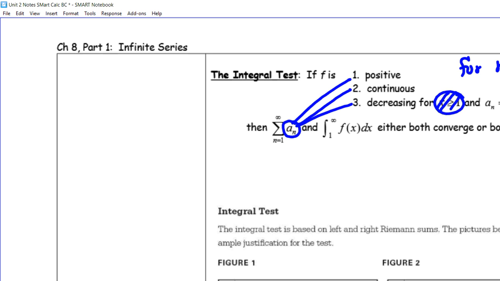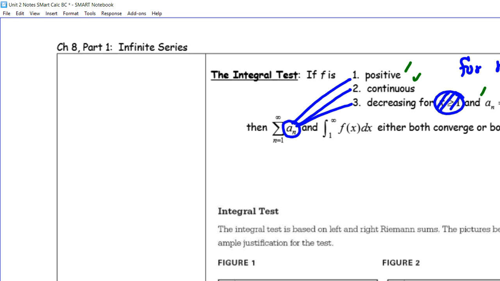The first 100 terms don't matter in the whole convergence divergence scheme. The first 1,000,000 terms don't matter if a series just converges or just diverges. Now to find the sum, it's going to matter. Yes? So as long as I can show these 3 conditions for some number forward, then we are okay to proceed. Okay? So we check the 3 conditions.